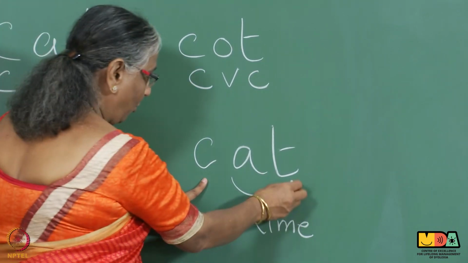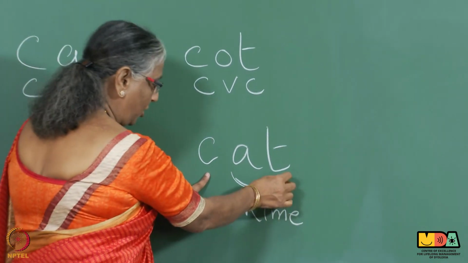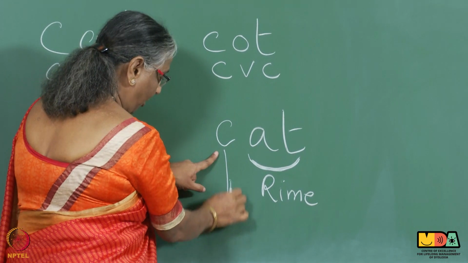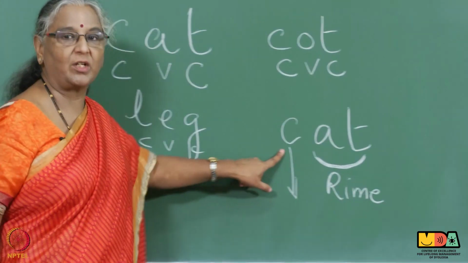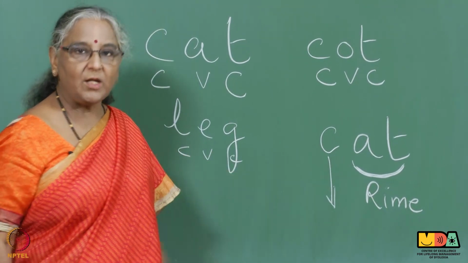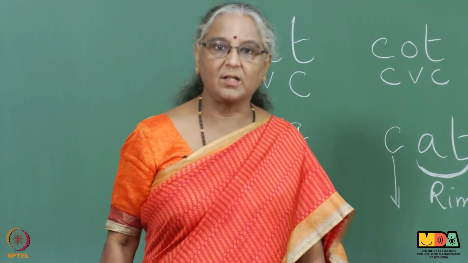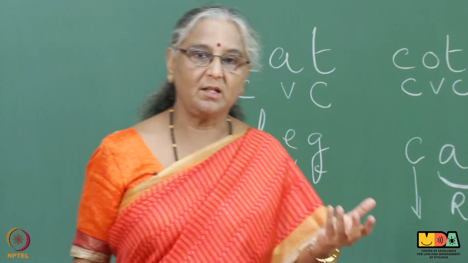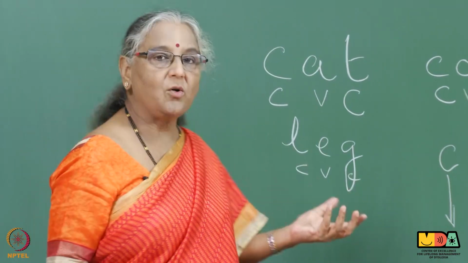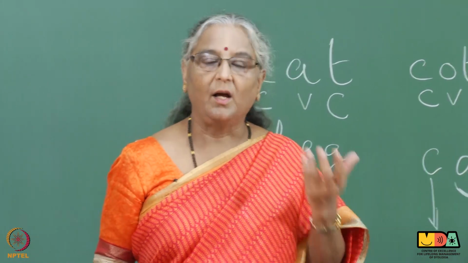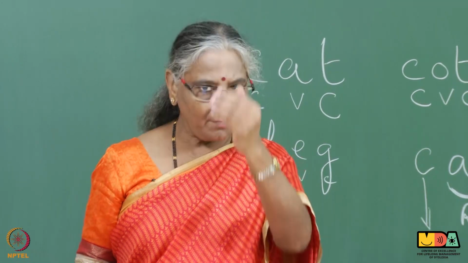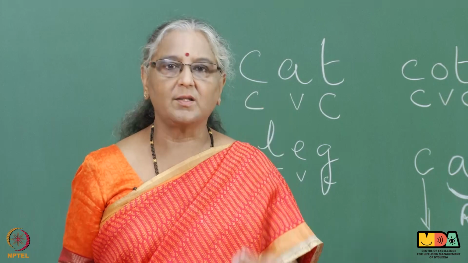The rime, the decoding unit, will remain the same, but the onset will keep changing. So, this concept of onset and rime can be taught using these decoding units, and decoding units are nothing but one vowel, one consonant coming at the end of the word, remaining constant while the onset changes.